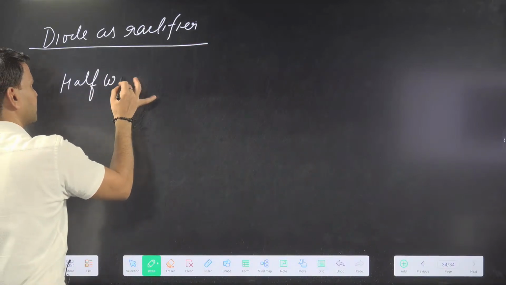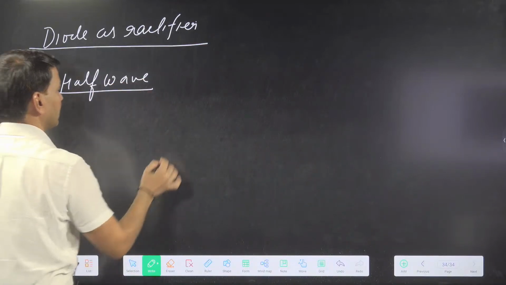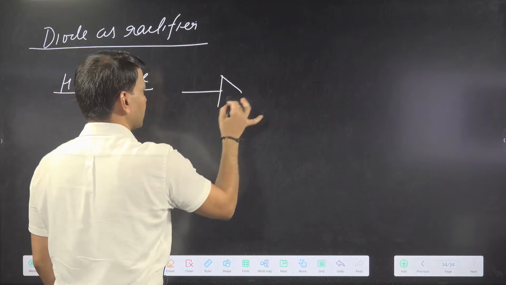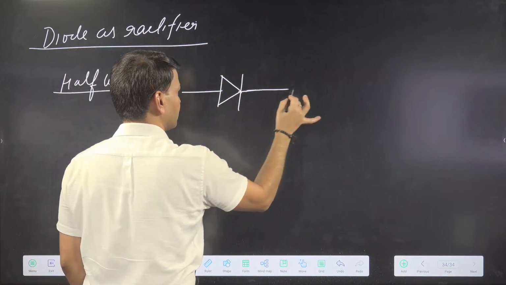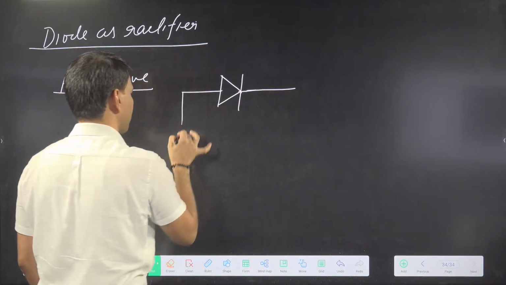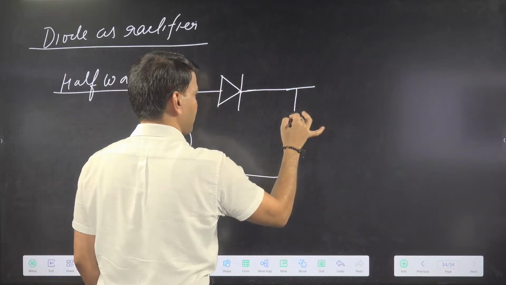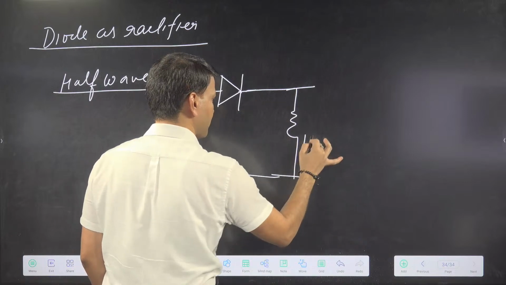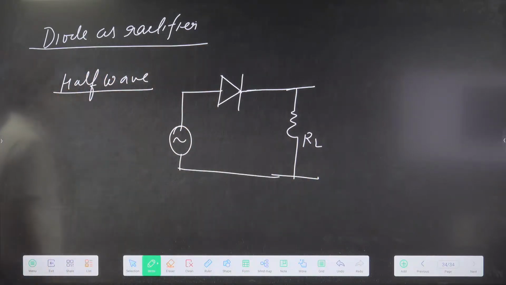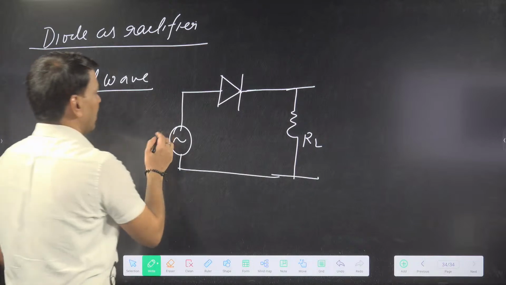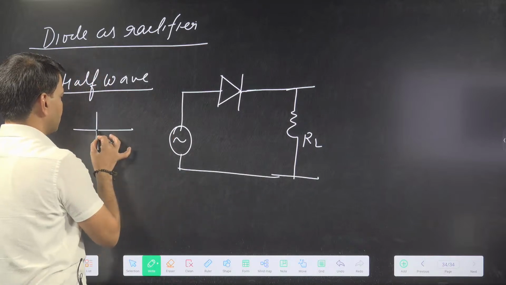Okay, so half wave rectification, this is a suppose circuit diagram. In this case, what will happen when you are applying the alternating voltage?